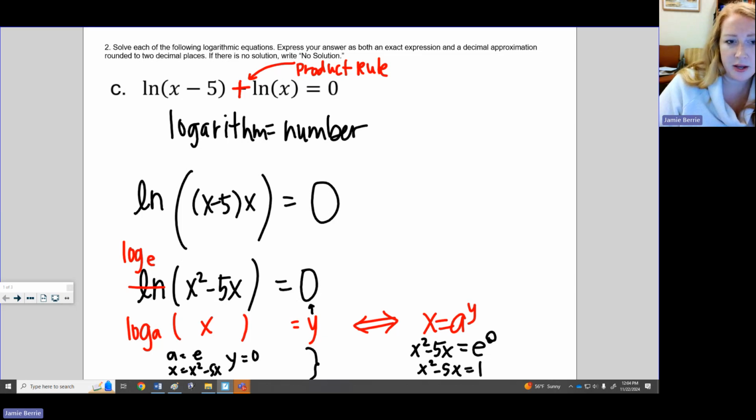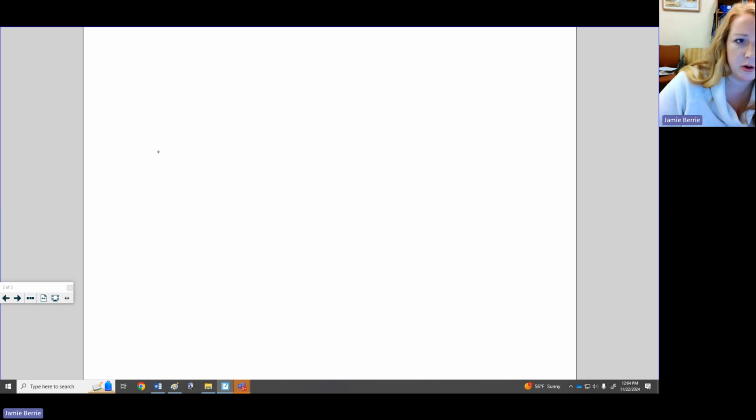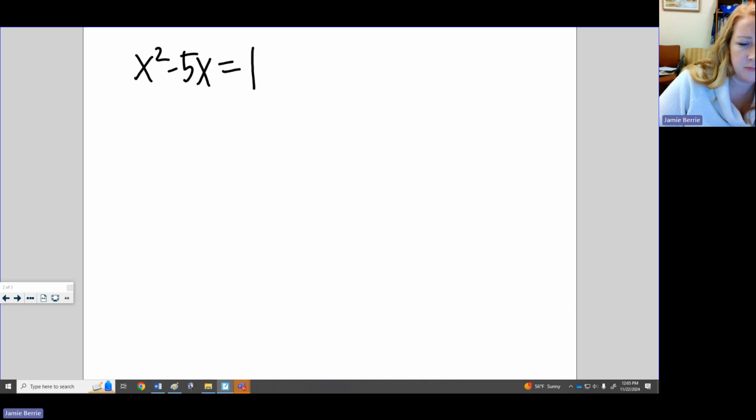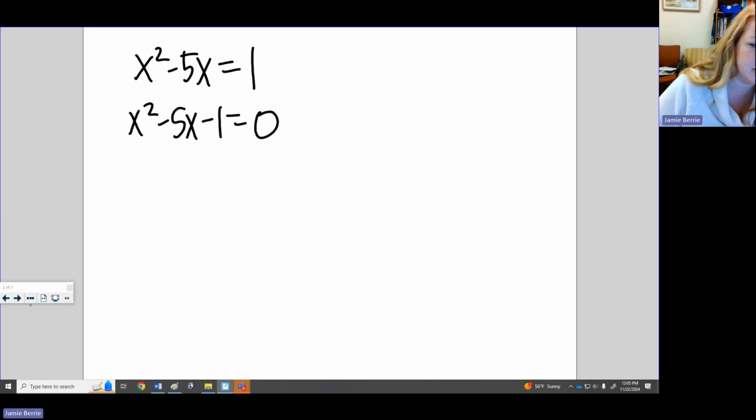Let's go to our blank page to finish this problem. I need to move everything to one side, so I'm going to subtract that 1 to move it to the left. This is a quadratic equation. I can't factor it, so I'm going to use quadratic formula.